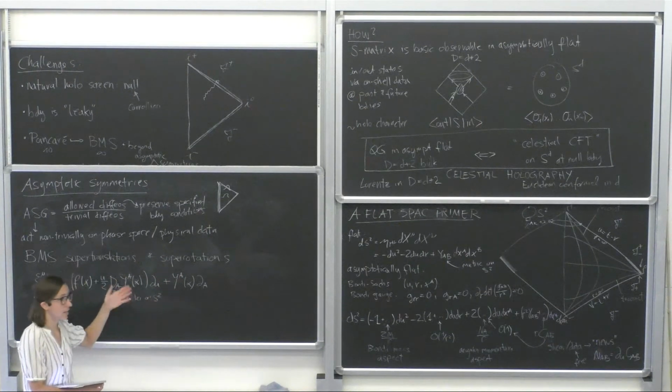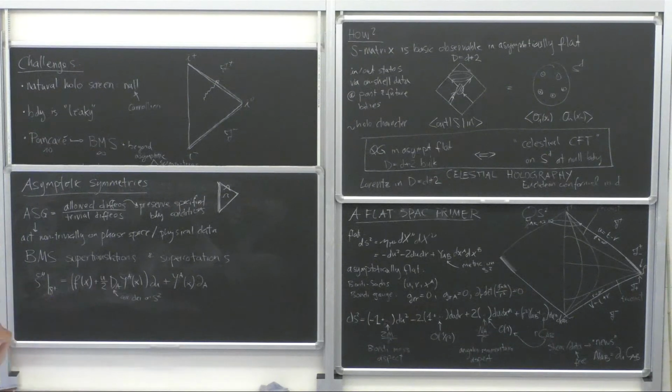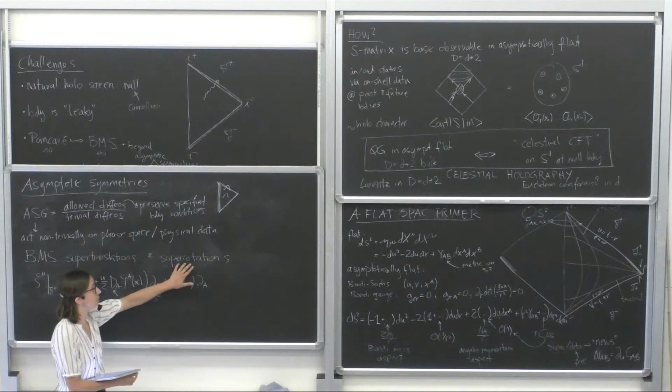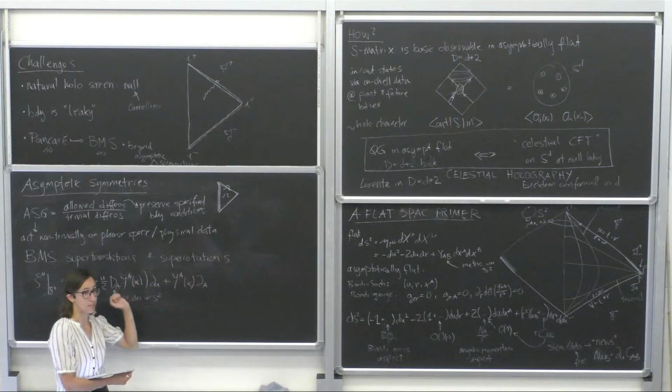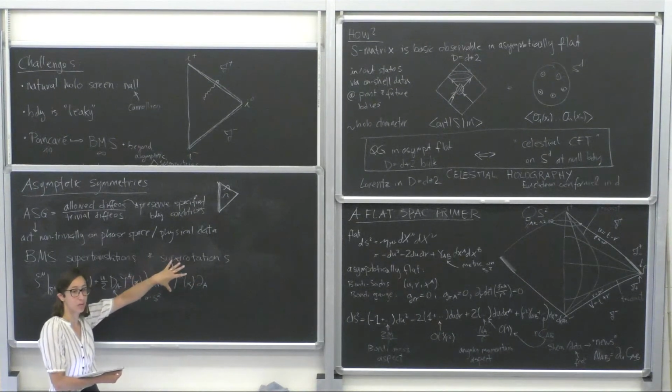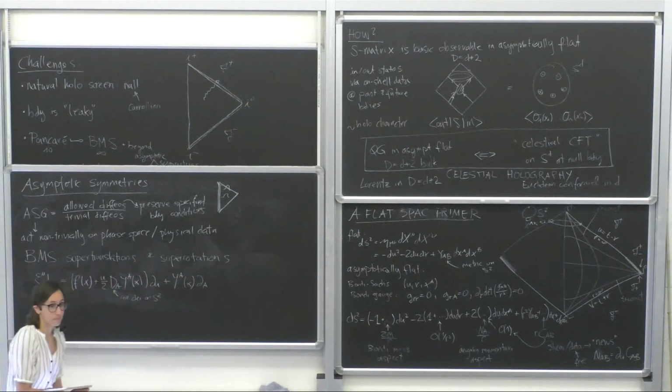And that actually then boosted this whole program of asymptotically flat space holography, because this enhancement of rotations and boosts to super rotations will actually give us something that we want if there was a 2D theory on the boundary, which is local conformal symmetry, and we'll get to that. Thank you. Yes?